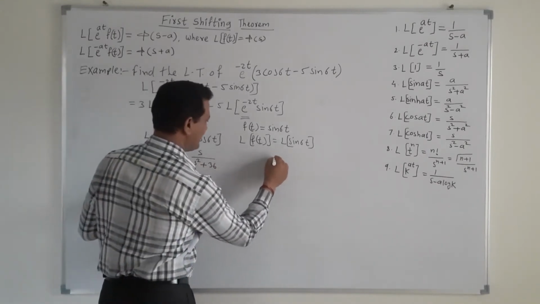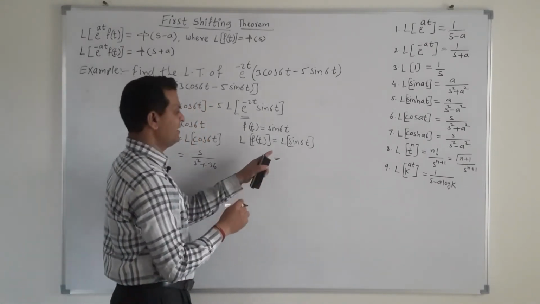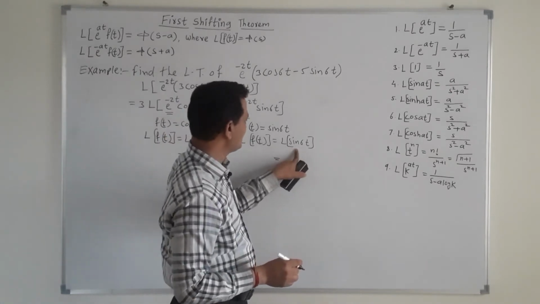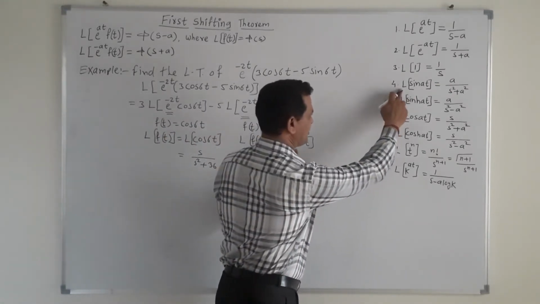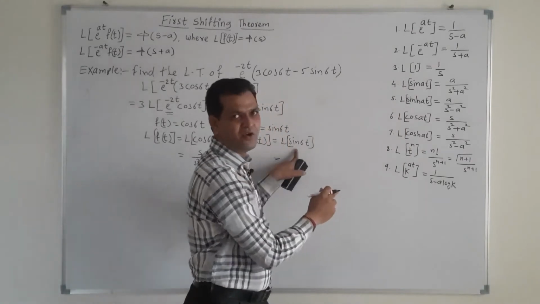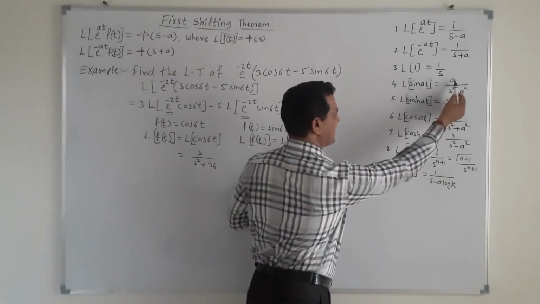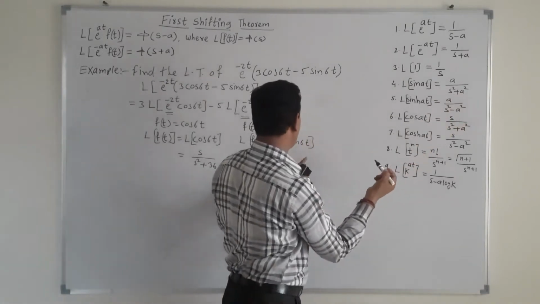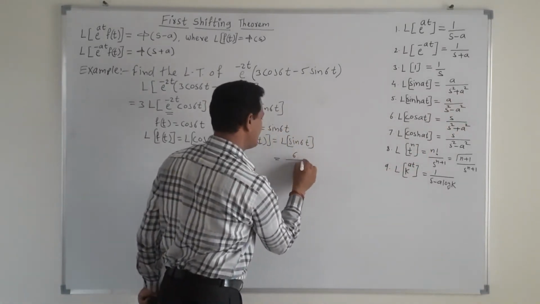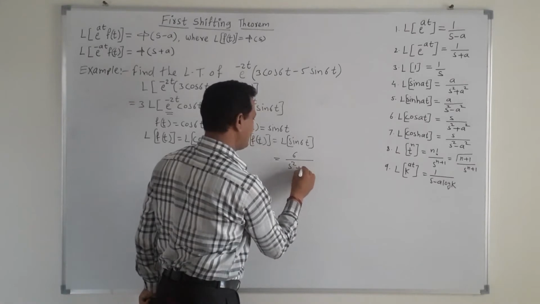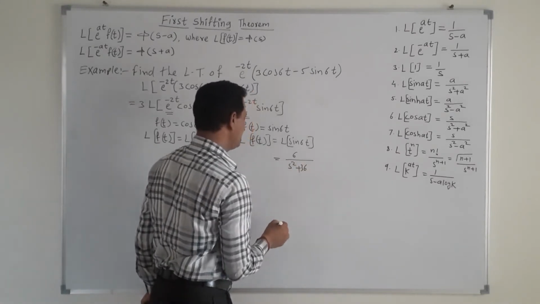Then for this function, it is of the type Laplace transformation of sine of at, where the value of a is 6. The formula says to write this as a upon s square plus a square, so we write 6 upon s square plus 36.